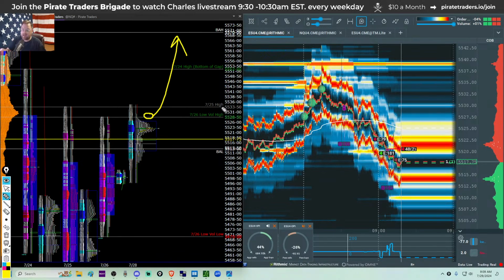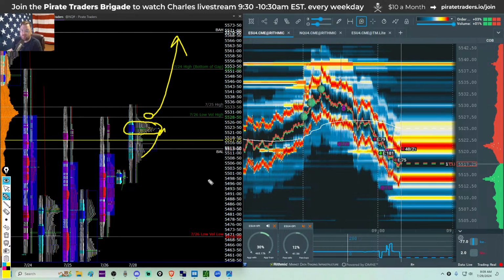If they cannot, right? If they try to get up to Friday's high, and this node right here, we'll call it between 55.26 and 55.20, if that acts as resistance and won't allow the market to get to Friday's high, that is a sign that we need to do one of two things.